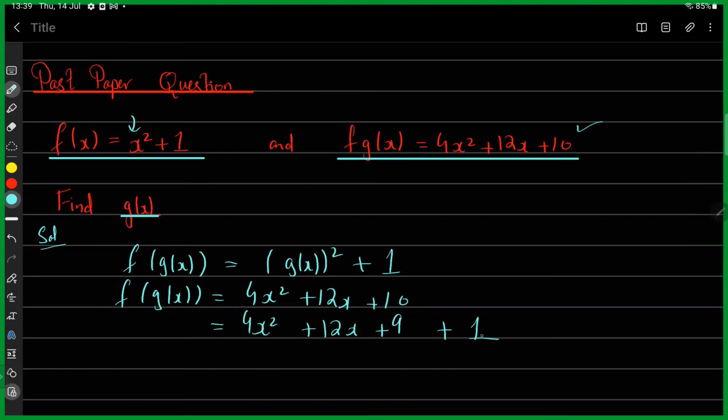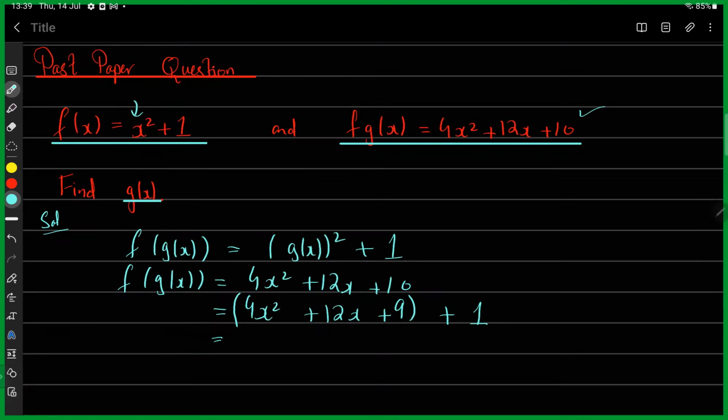Why have I written it this way? Just so I can separate this part. Now this part is equal to g of x squared, and I can easily factorize this quadratic expression and I would find g of x. Let me do that completely and then things would make sense.